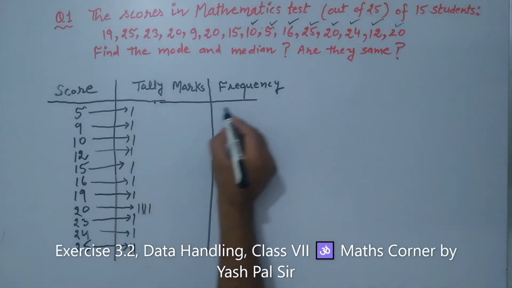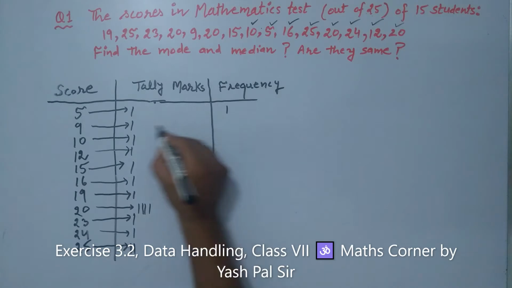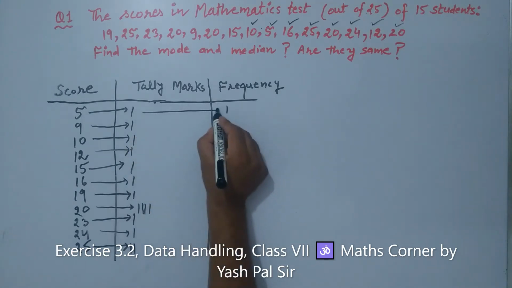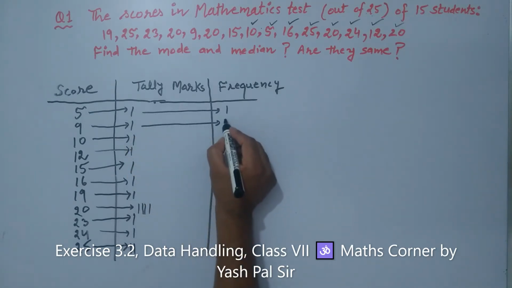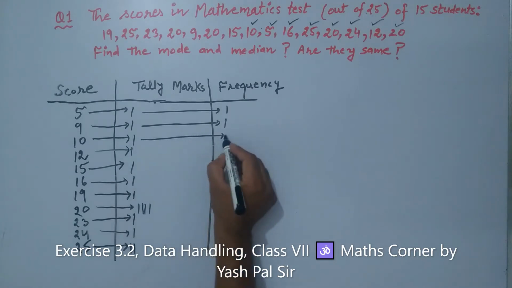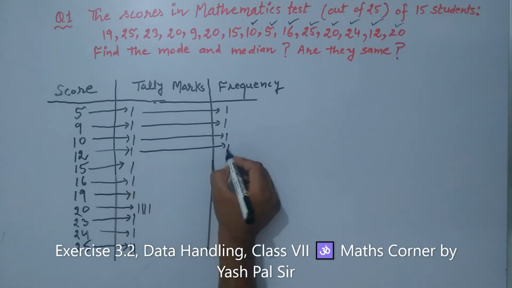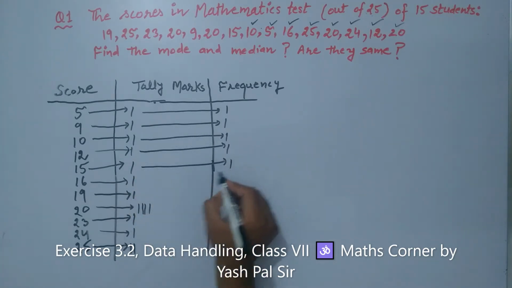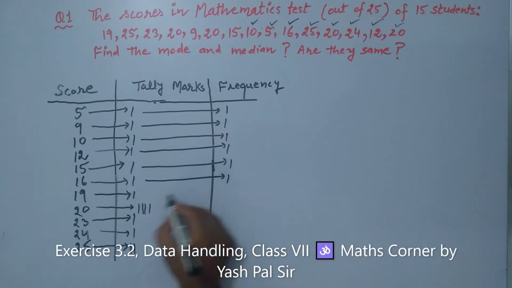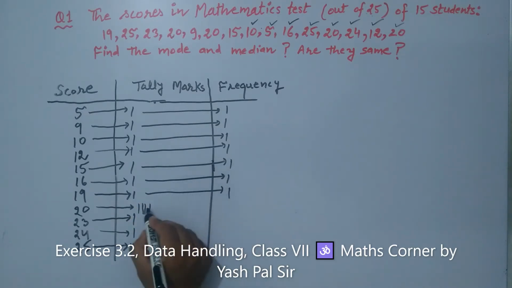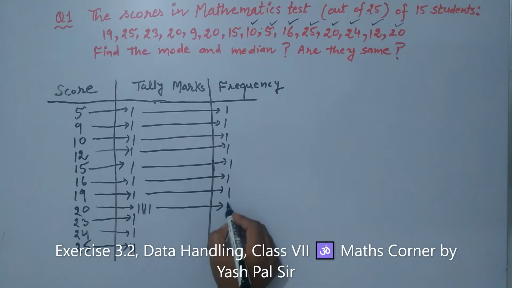So what is the frequency? 1, 1, 1, 1, 1, 1, 1, and 20 is repeating 4 times, then one time, one time, two times.